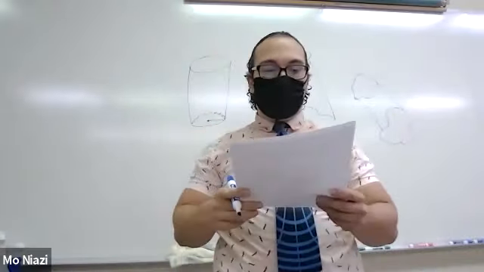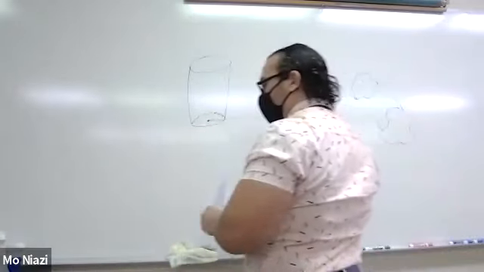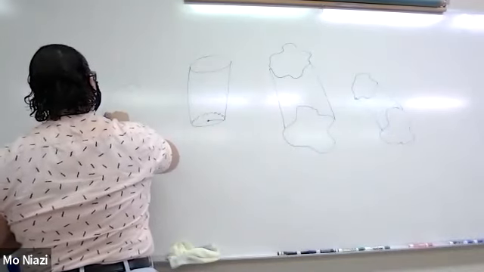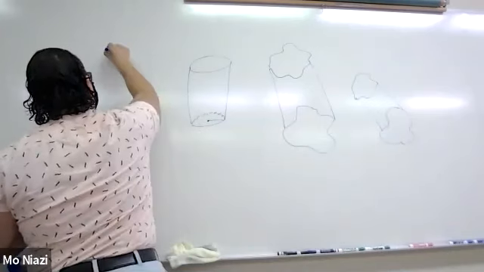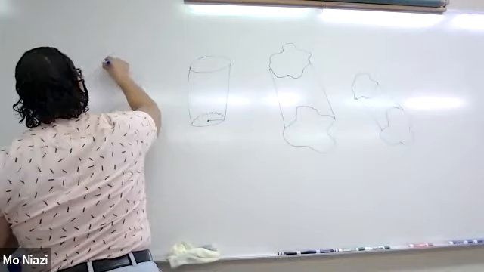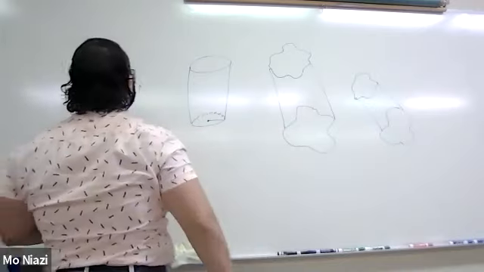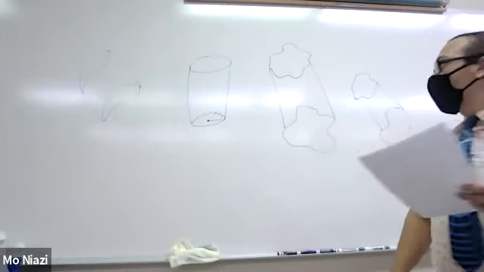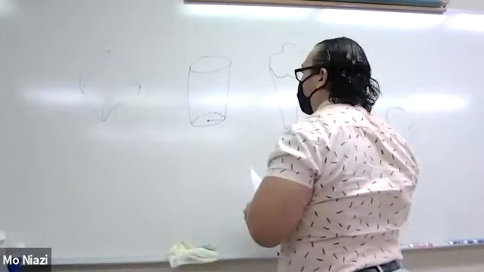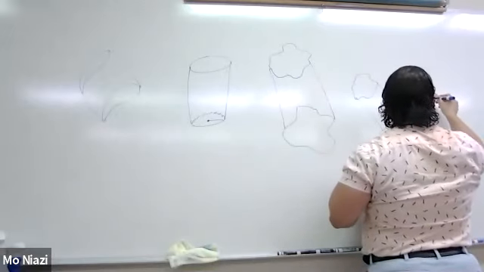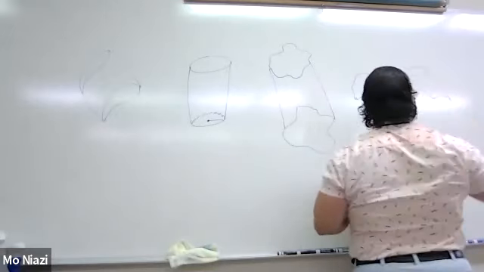As you can see on your handout, it's more like a teardrop shape, right? It's basically trying to show you that this is also a cylinder. And you can have circular cylinders that are slanted, like that.